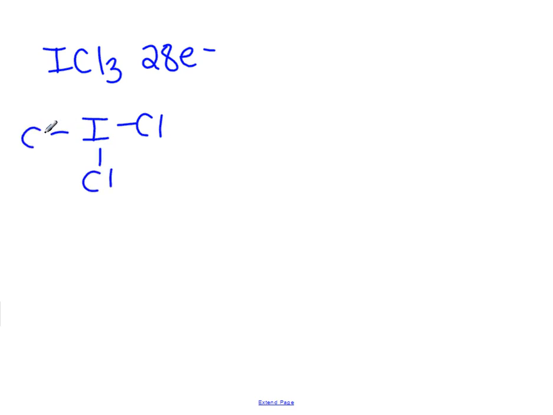Let's try another one. So hopefully you've drawn the next example. ICl3. So 28 electrons. Let's make a sketch. I, Cl, Cl, Cl.